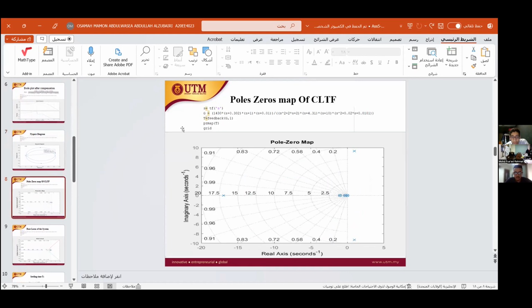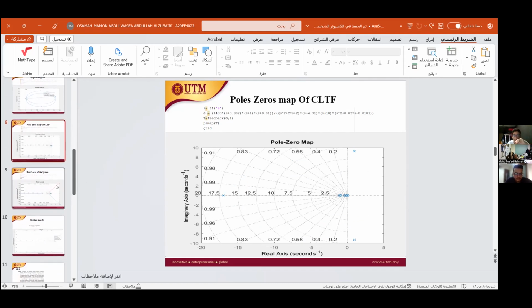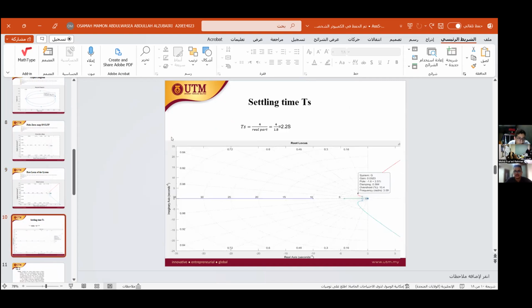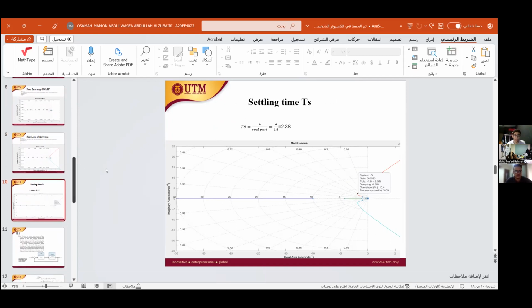And this is the pole-zero map of the closed loop transfer function, and this is the MATLAB code we used. And this is the root locus of the system, and from it we get the settling time, which is 4 over the real part of the system, which is 2.2, almost similar to the requirement. So that's all from me. I pass to Mamdouh.